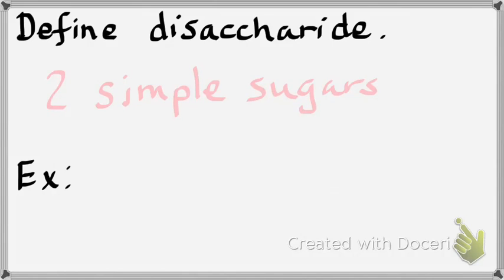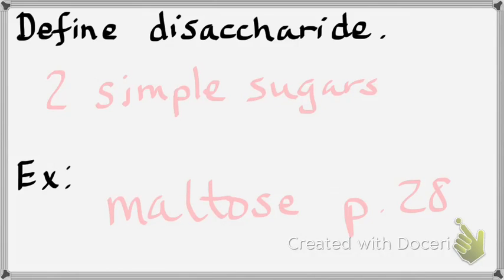What's an example of a disaccharide? Huh? Is it maltose? It is maltose. Everybody found maltose? Yeah, maltose. Again, what page is that? 28. Page 28.